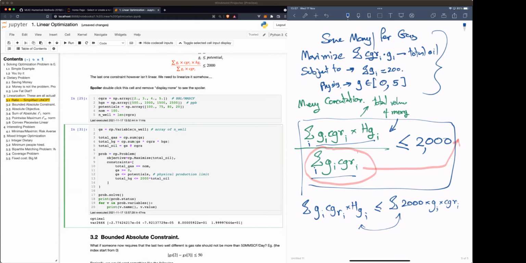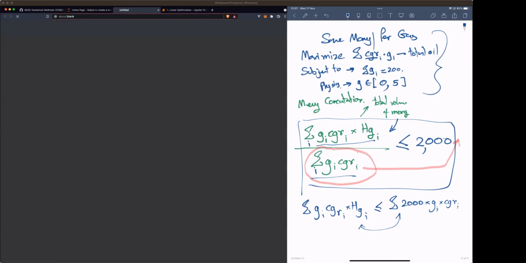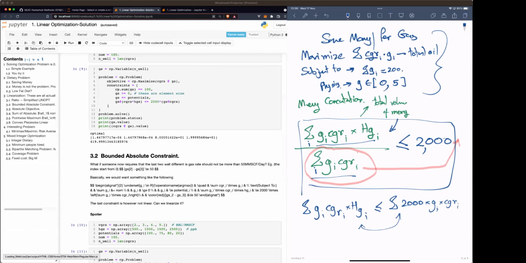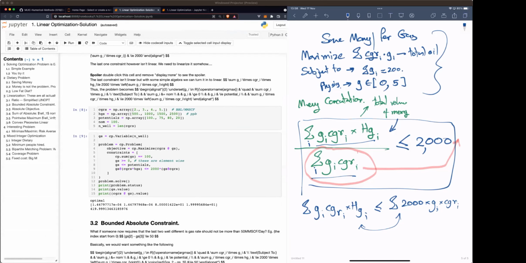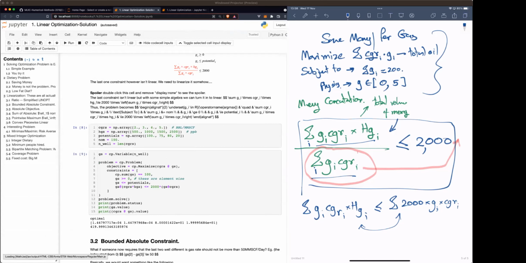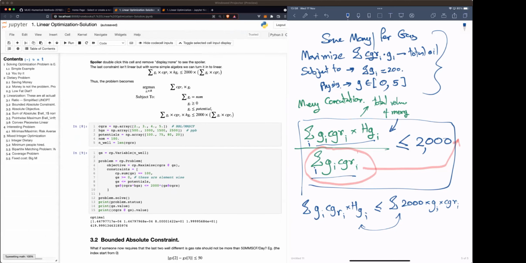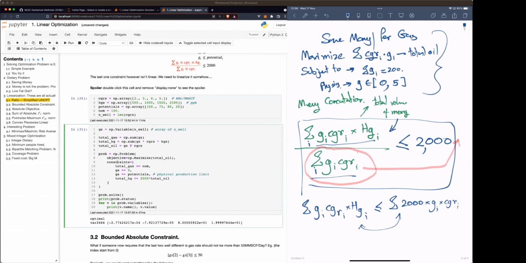Did I screw up something? Let me go see the solution, two seconds. Probably screwed up one thing. That's exactly what I did. What did I do wrong?